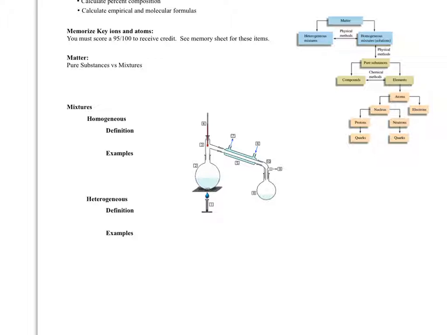Now, remember that when you have a mixture, any mixture, whether it be homogeneous or heterogeneous, it is two or more substances physically combined. So if they're physically combined, that means that we can separate them by physical means. So all mixtures can be separated. And some of the ways that they can be separated are listed here.